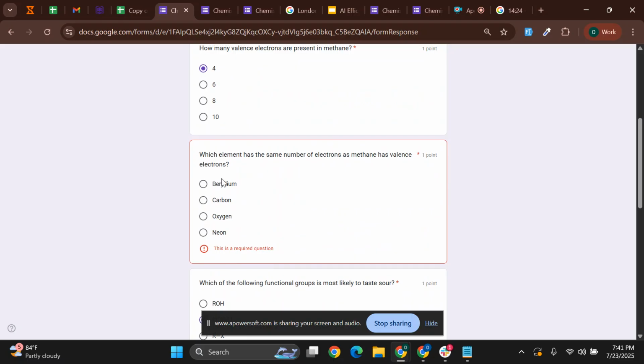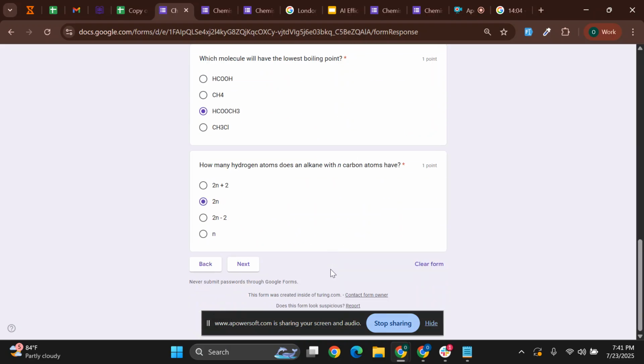Which element has the same number of electrons as methane has valence electrons? Carbon, I guess.